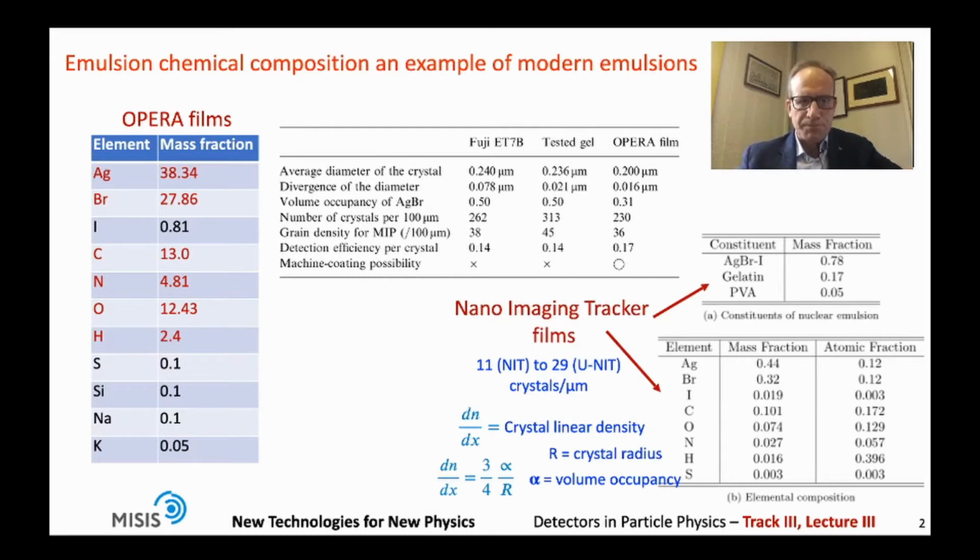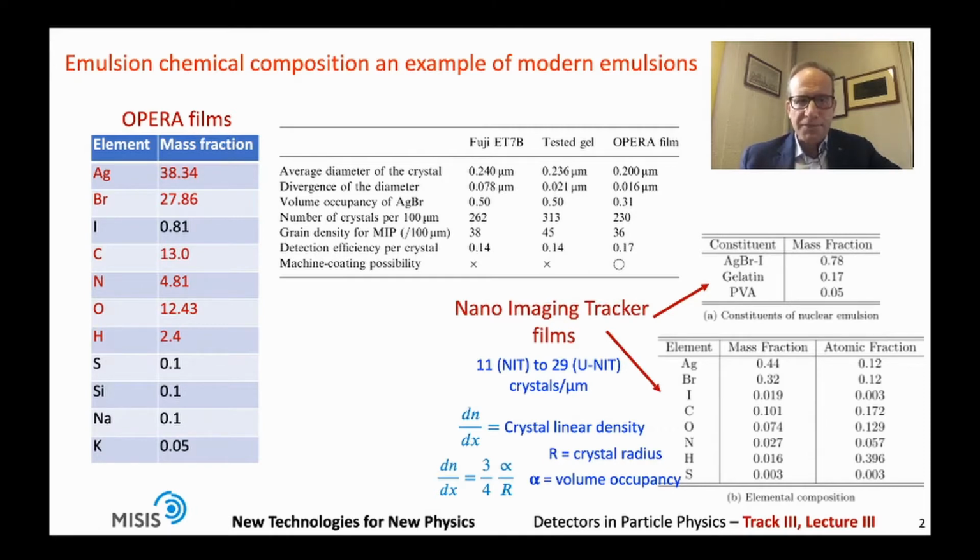If you see the chemical composition, it is largely dominated in mass by silver and bromine, and there are lighter elements because these crystals are dispersed in an organic gelatin, and so here come the carbon, nitrogen and oxygen, and there's a small fraction of hydrogen.